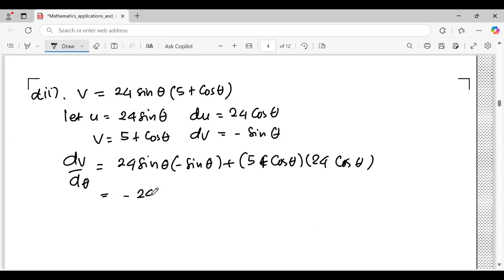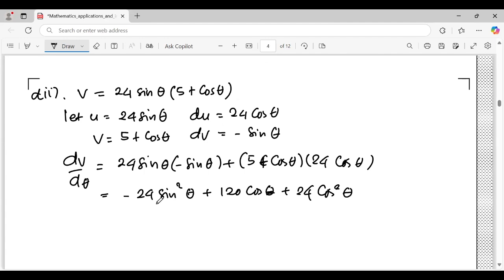And it is minus 24 sine squared theta plus 120 cosine theta plus 24 cosine squared theta.